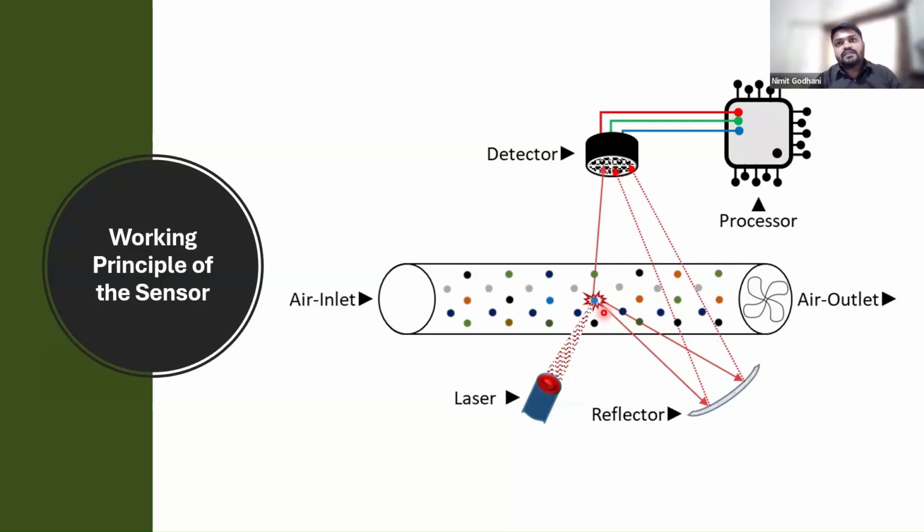Here we can see one more thing about the laser. Most sensors use a 600 to 700 nanometer wavelength. In this particular sensor that we have used, it has a 660 nanometer wavelength with a full width at half maximum, FWHM, of around 20 nanometers, which is not quite good, because for high accuracy detection you need a very sharp laser at a fixed wavelength, which gives good results but is quite costly.